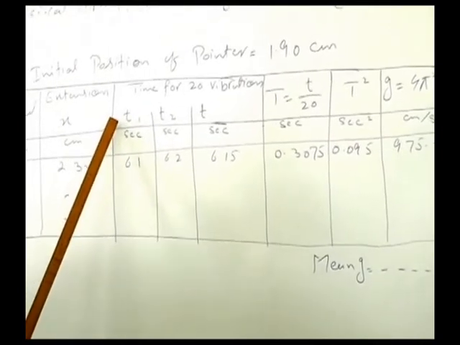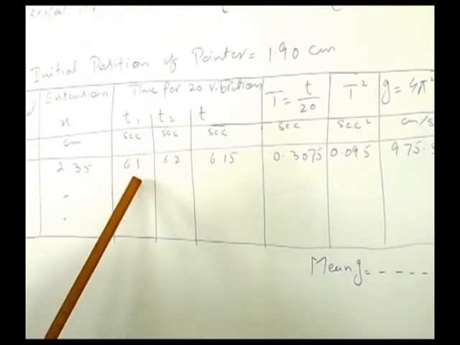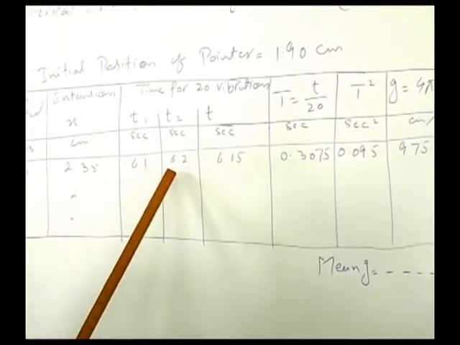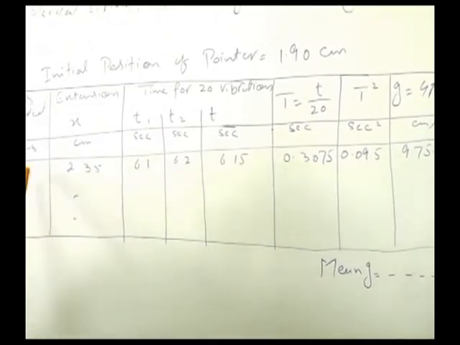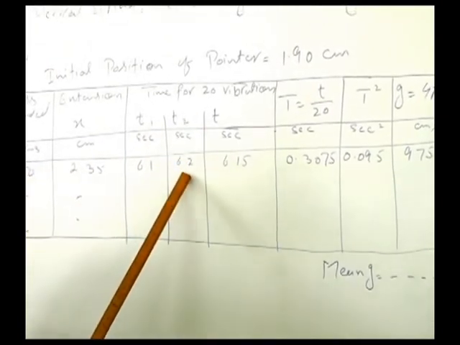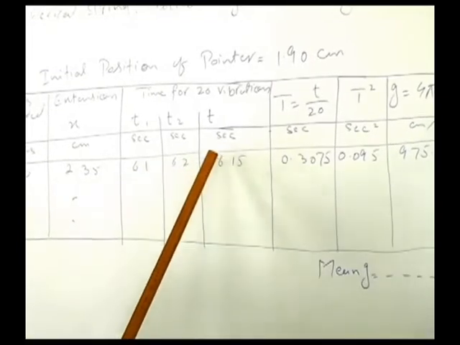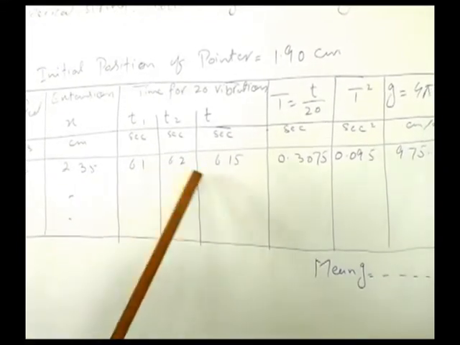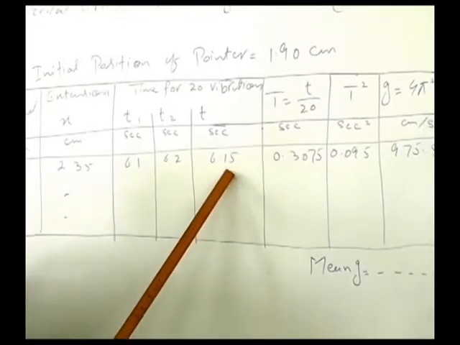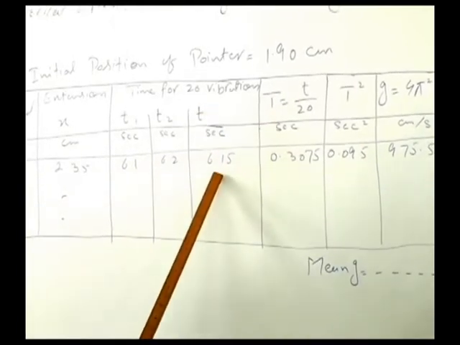What we observe from the performance is that the time for the first 20 vibrations is 6.1 seconds. We repeated it with the same weights, and the second time we observe 6.2 seconds. We have taken the average of these two values, which is 6.15.